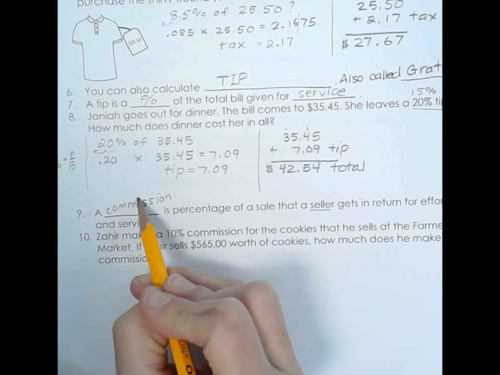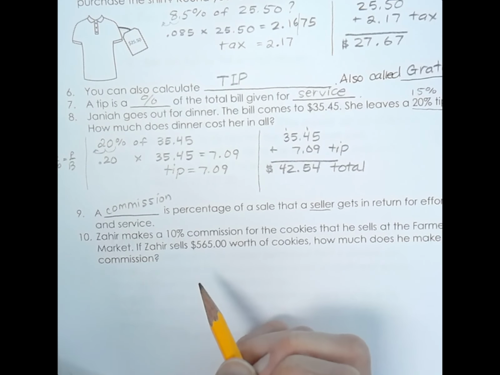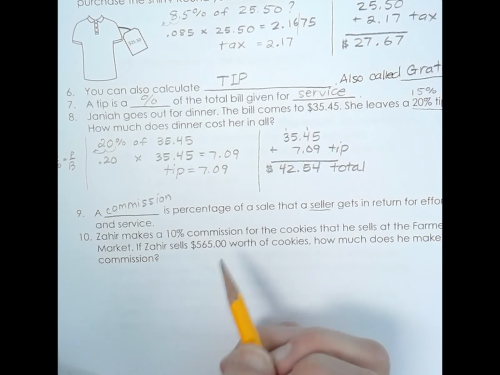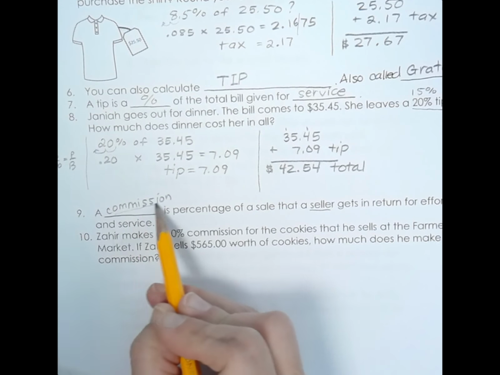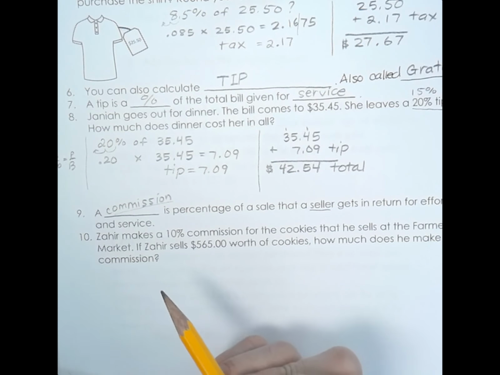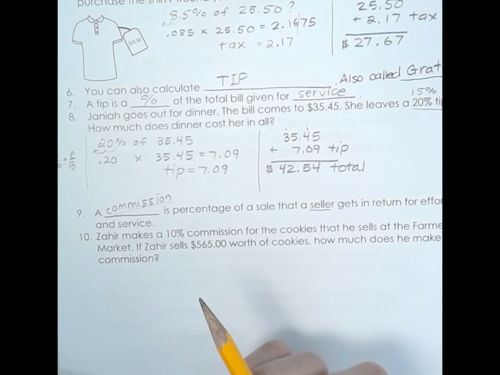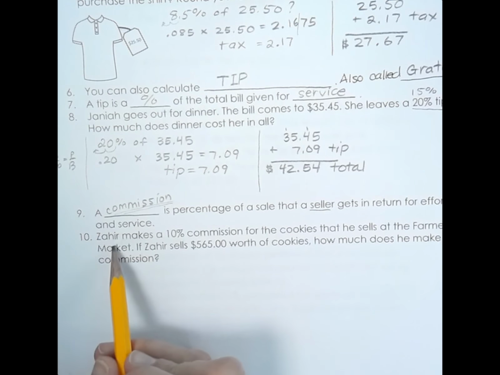So if you've ever gone to a store and you have a salesperson who feels a little pushy, like they're trying to sell you things, or maybe you're buying a car and the salesperson is helping you, that person is earning money, which is called commission. So they are going to get paid a percentage of how much they sell or how much you buy. So that's called commission. Let's take a look at that.